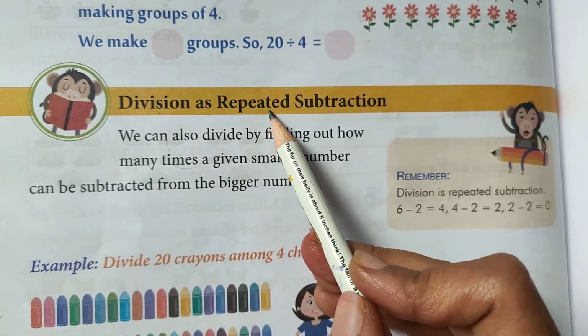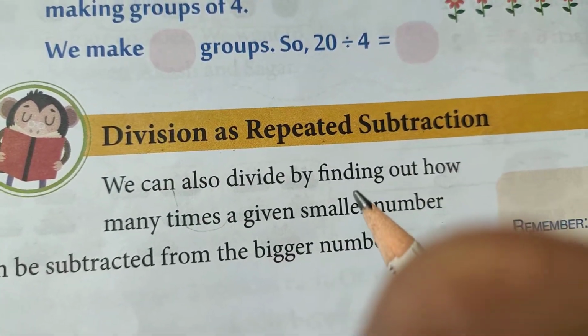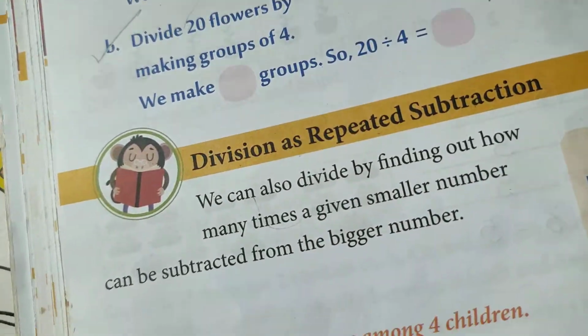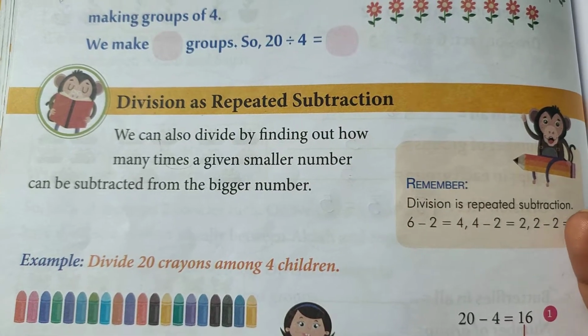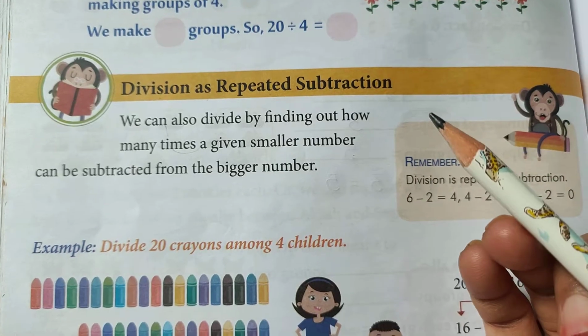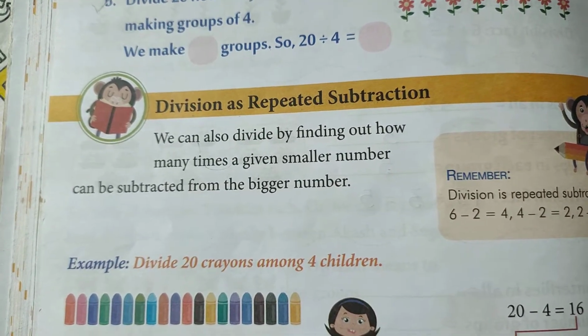Division as repeated subtraction. See, in the case of multiplication, what have we done, children? Multiplication is nothing but x. What is it? Addition. Instead of adding a number many times, we are multiplying the numbers.